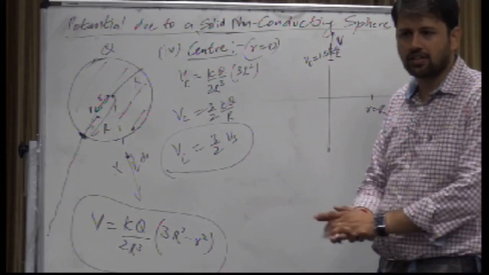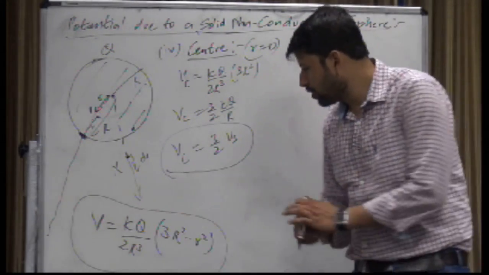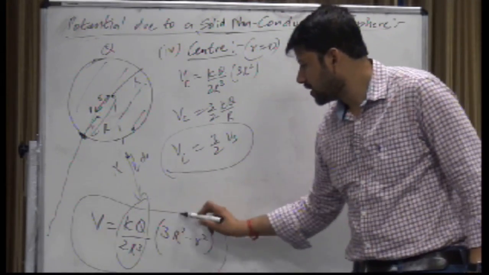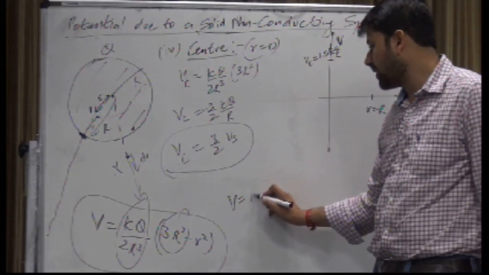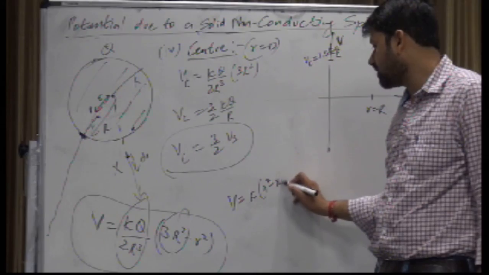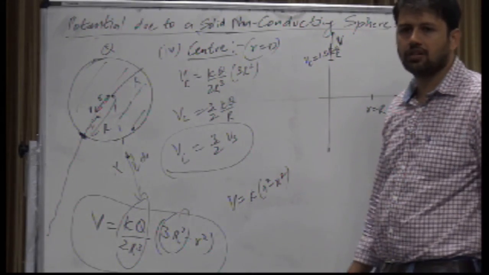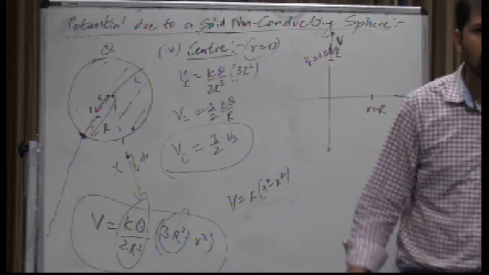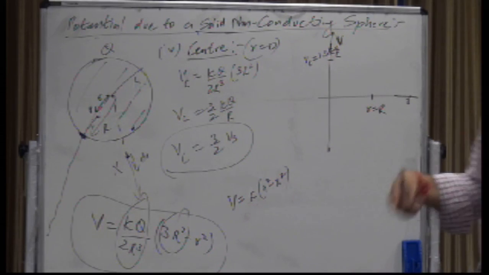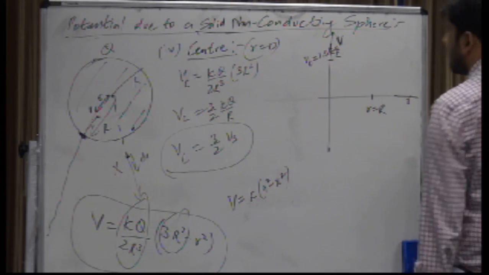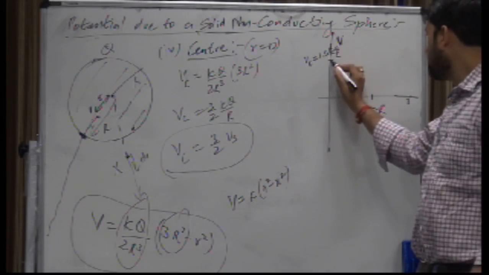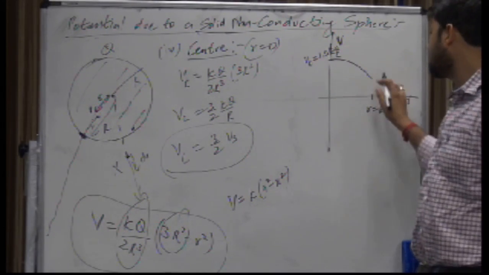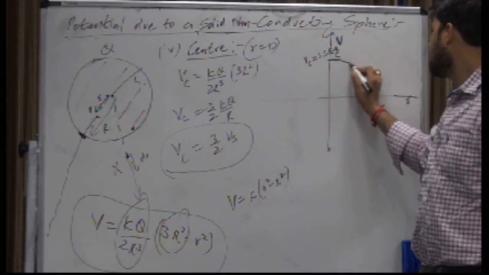Please pay attention. Just think about it. Whole of this thing is constant. Even this thing is constant. Only this thing is variable. V is of the form k(a square minus x square). It is a quadratic equation with negative coefficient of square term. Means it would form a downward opening parabola. It would be a downward opening parabola till this point, right?